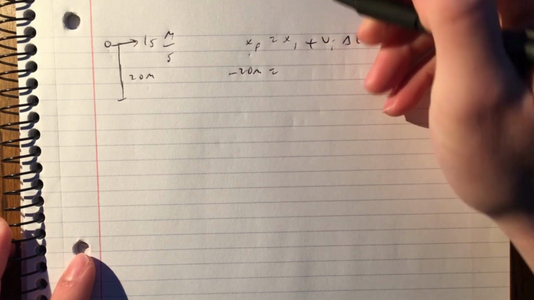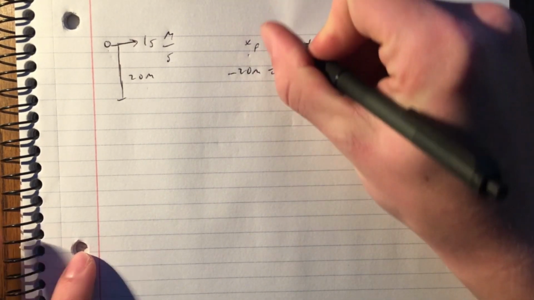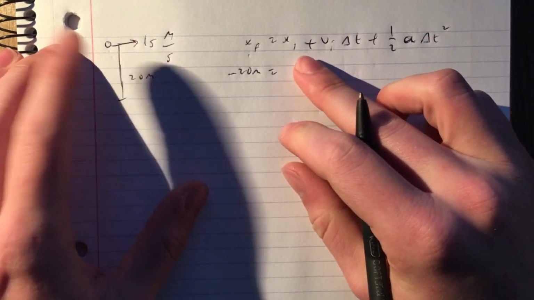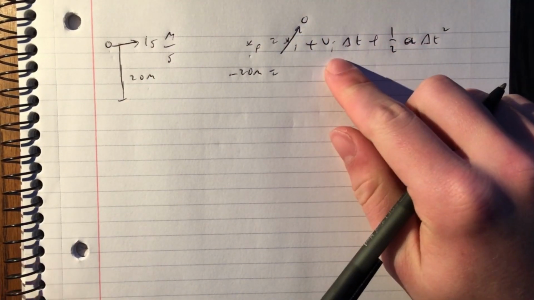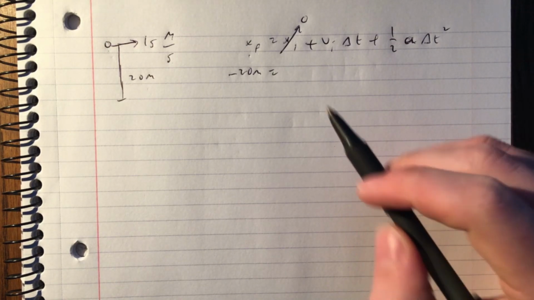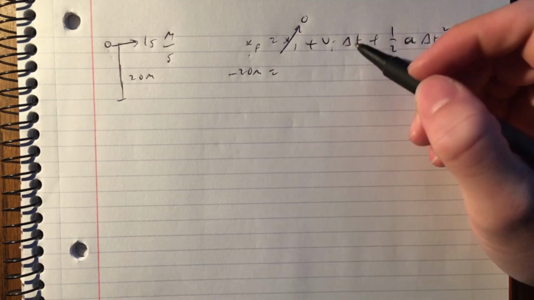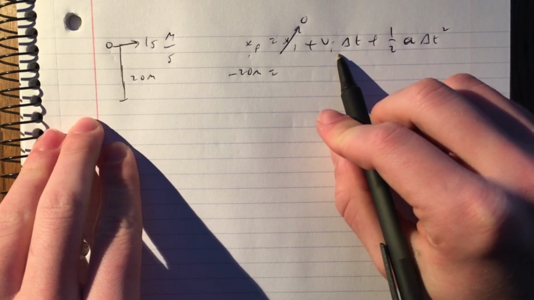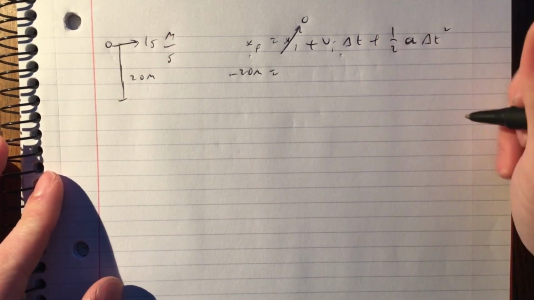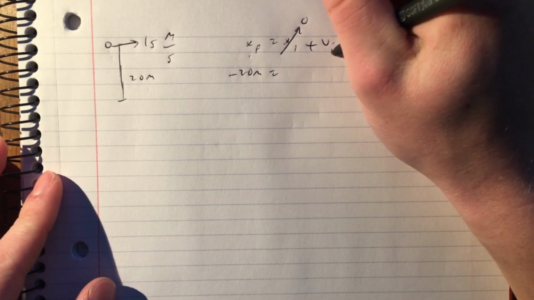So -20 meters equals, and as I already said, the initial vertical position is 0. And then remember that the different components of an object's movement, the different components of its velocity, are exclusive from one another.